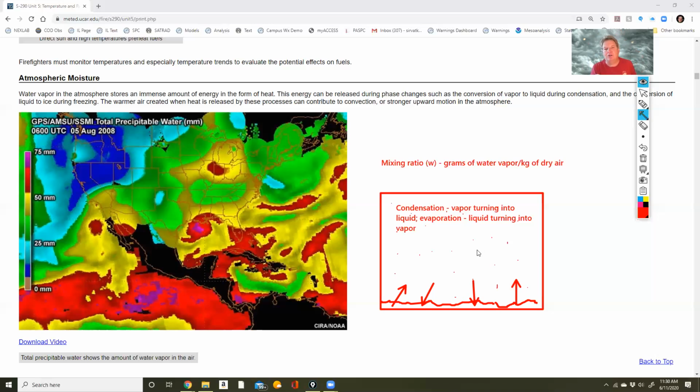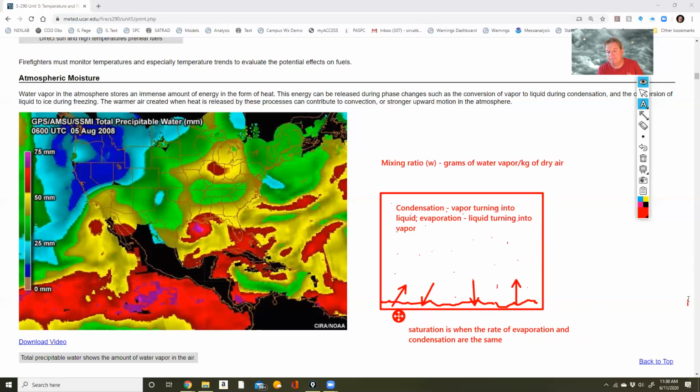When that amount of condensation and evaporation are the same, we say that the air is saturated. So saturation is when the rate of evaporation and condensation are the same.